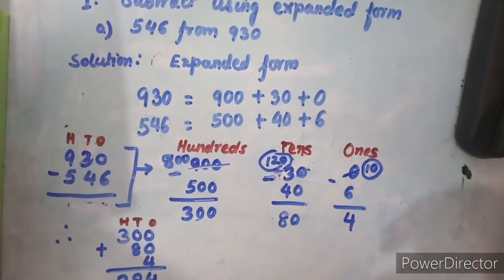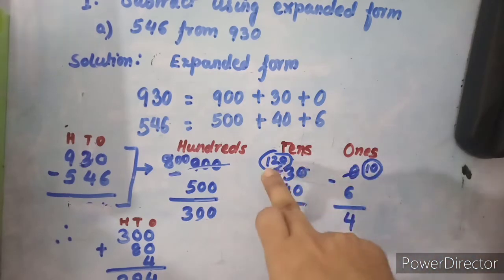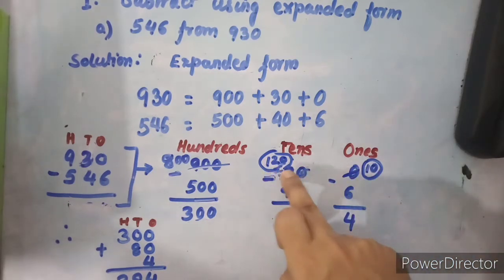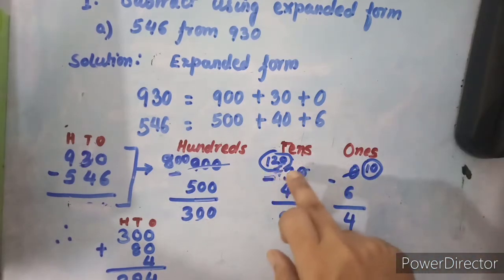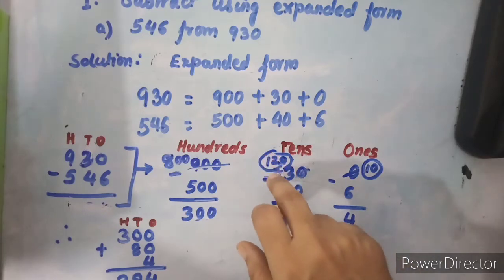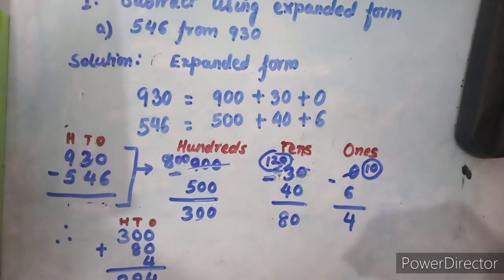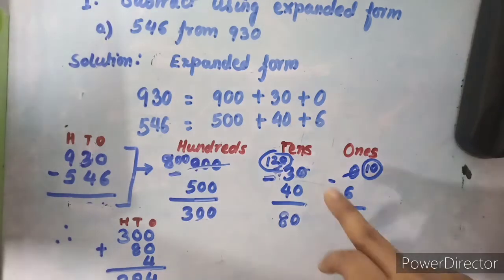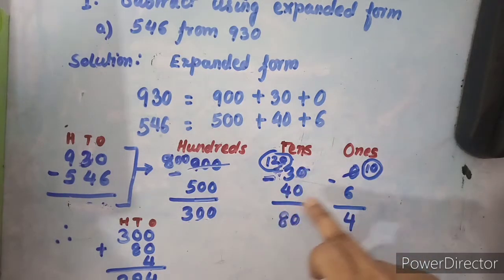So here you need to have 130. As you have borrowed 10 here, I have written 120, because 130 should have come here, but what did I write? 120. So 120 minus 40 is 80.